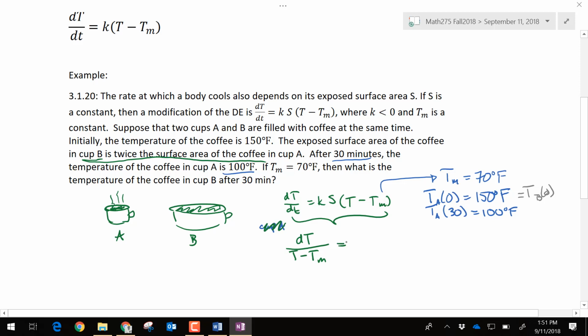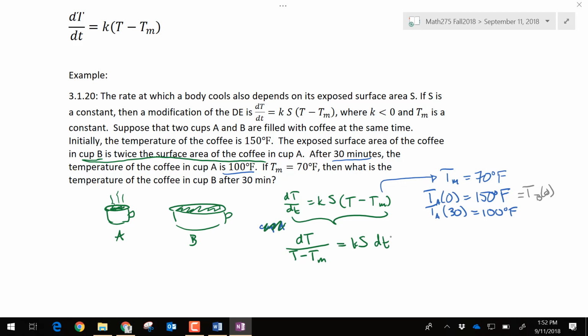Again, the Tm is attached to the T in a way that you can't break it up when multiplying or dividing. It's not a factor. The rest of them are constants. The k and the S are constants, and so they can just hang out with the little t. Then when you integrate, the stuff is going to follow through. Okay?